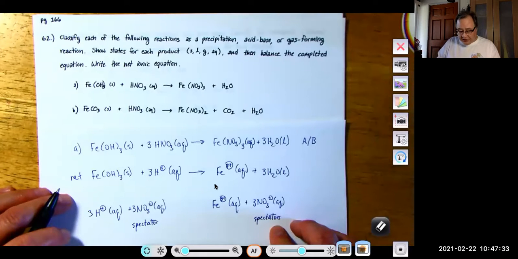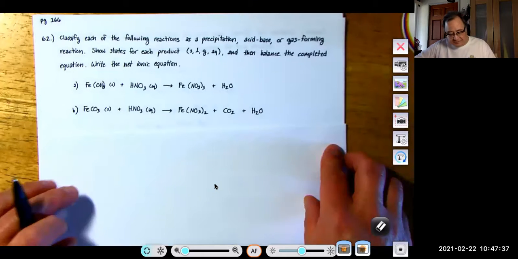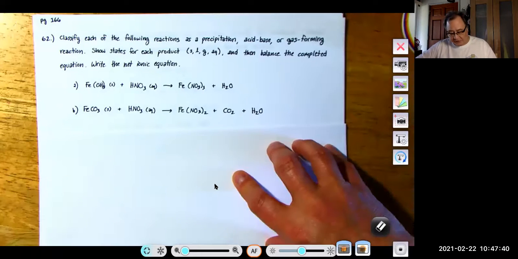So I want you to give B a shot. See if you can figure out what type of reaction, write the net ionic, and so forth and so on.